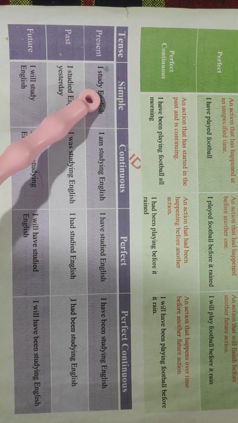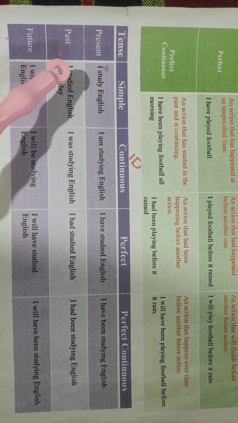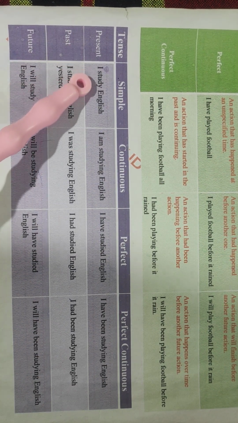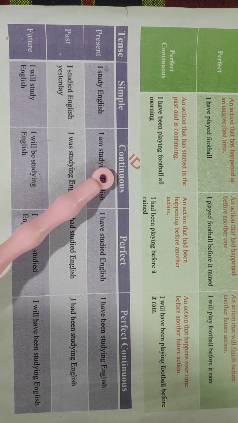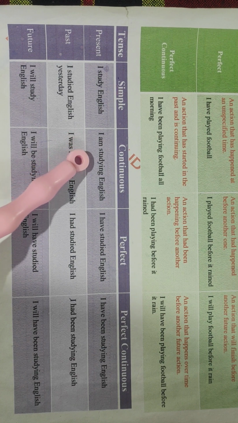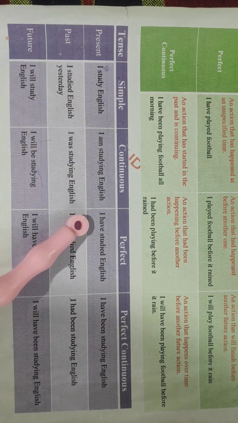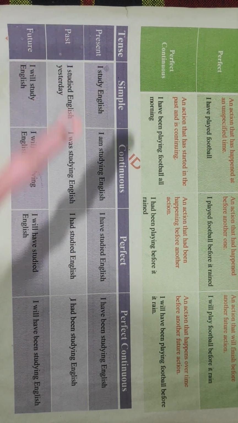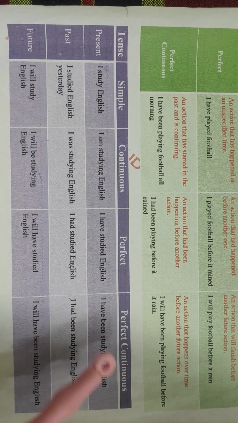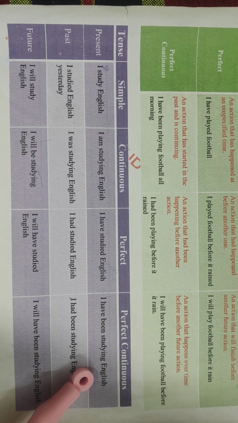For example, present simple: I study English. Present continuous: I am studying English. Present perfect: I have studied English. Present perfect continuous: I have been studying English.